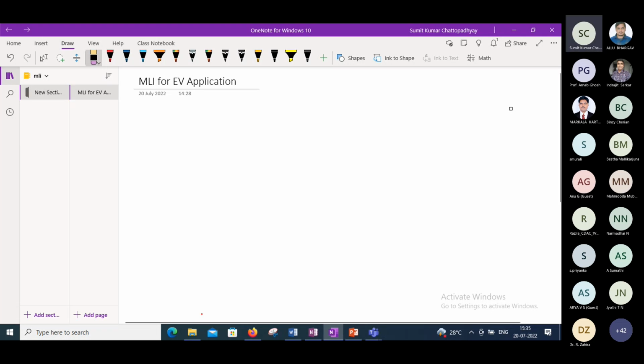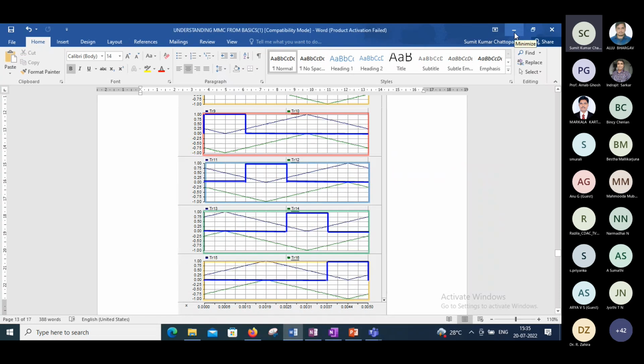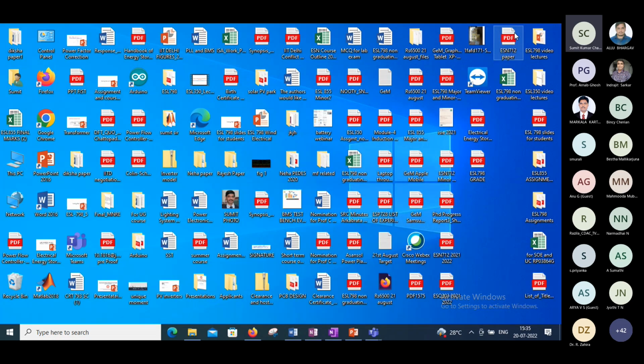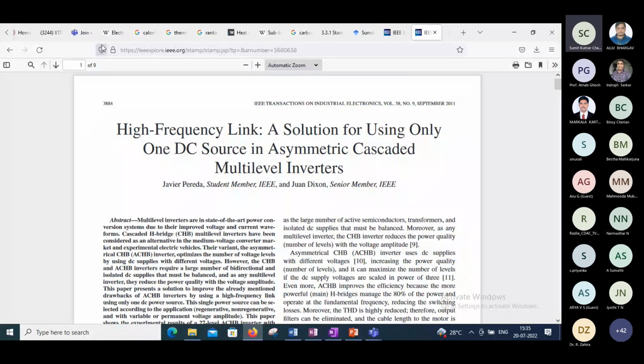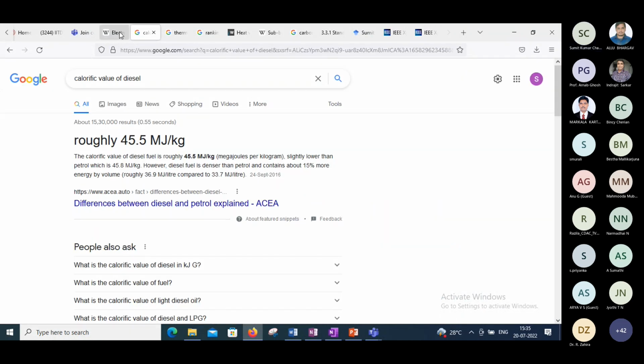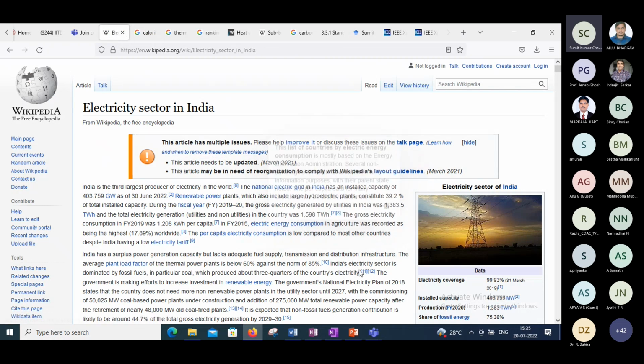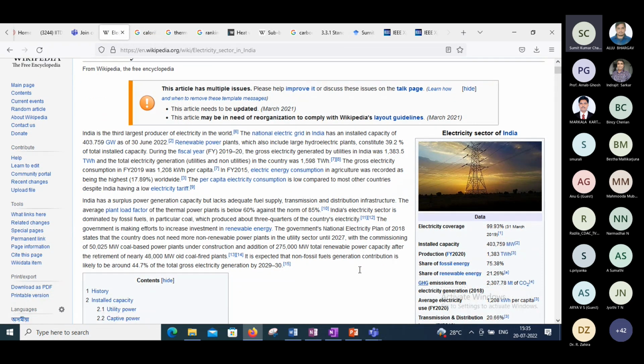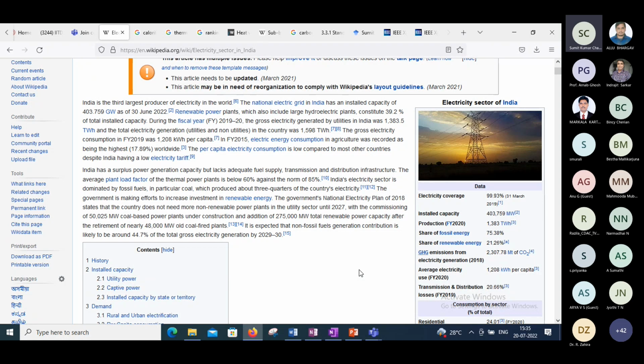We say many times that it's about CO2 emission and many other aspects. However, I wish to highlight a few statistical data. This is the electricity sector in India, updated data available in Wiki. I'm just using data available in a common source.